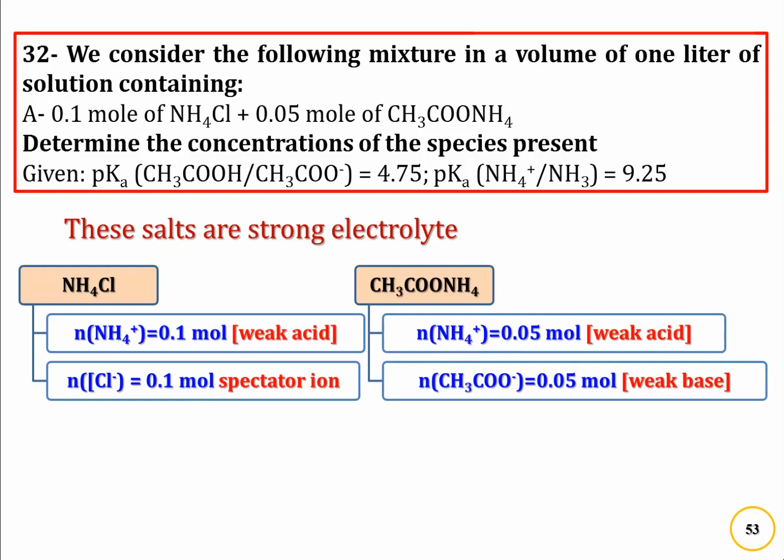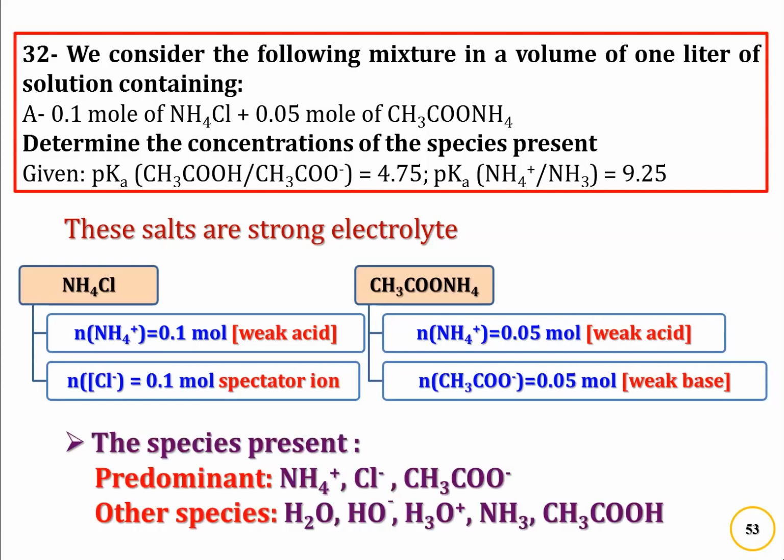So in the solution, we have two types of species. First, the predominant species are NH4+, Cl-, CH3COO-.